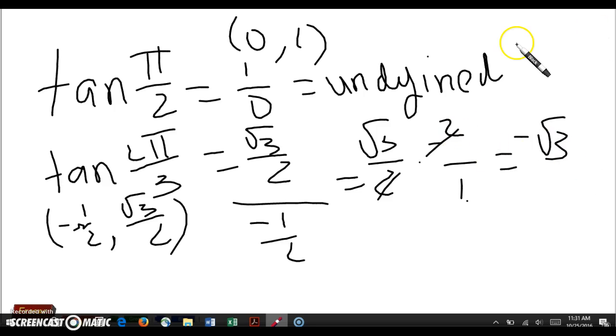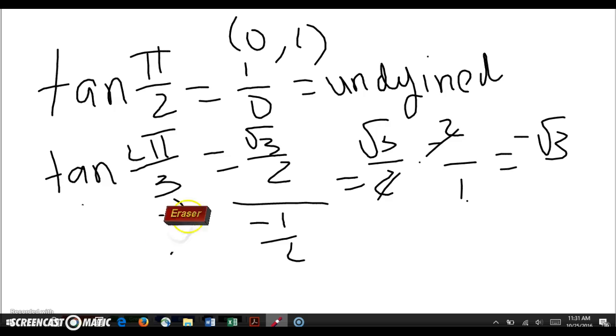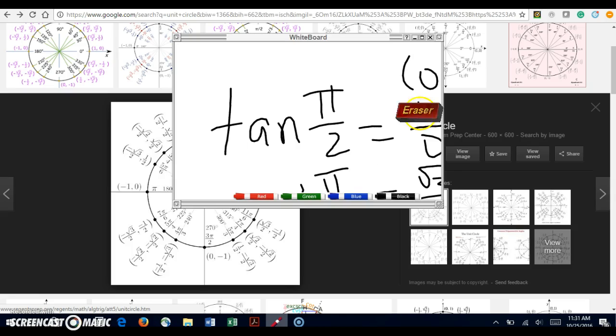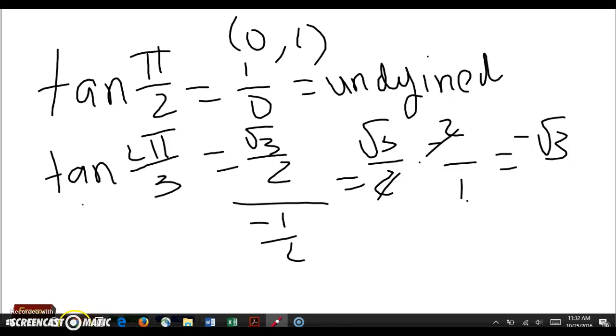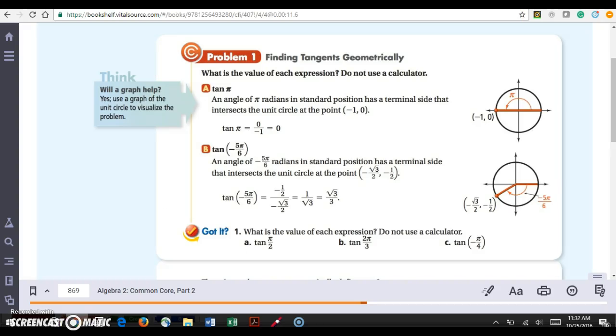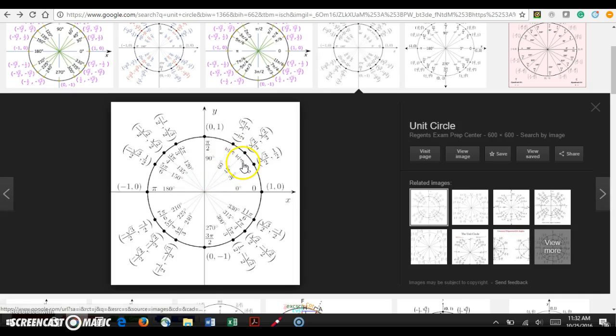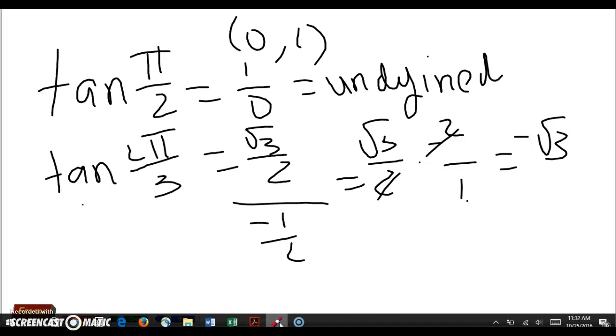And the last one, I'm going to have to erase some of this. Alright, the last one is tan of negative pi over 4. And so we have pi over 4 here, and I'm just going to flip over. So it's here, square root 2 over 2 and negative square root 2 over 2.